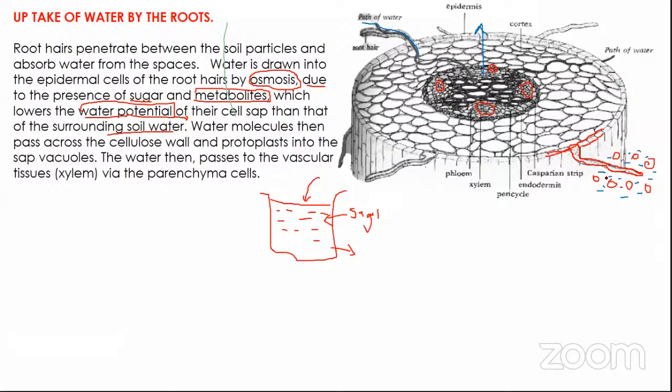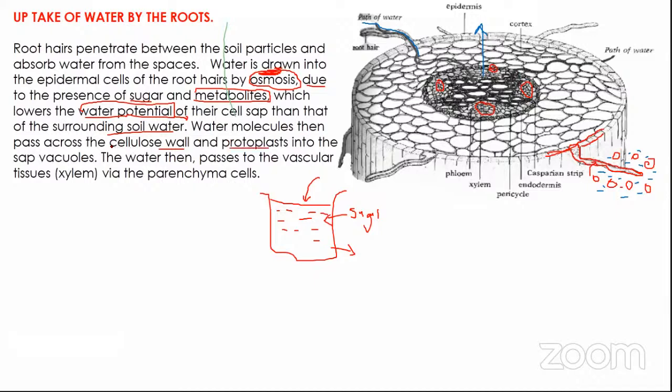So water diffuses from the soil solution into the root hair cells at a low water potential, via a concentration gradient. That movement of water from a high water potential to a low water potential is what we term osmosis. Water molecules then pass across the cell wall and the protoplast.